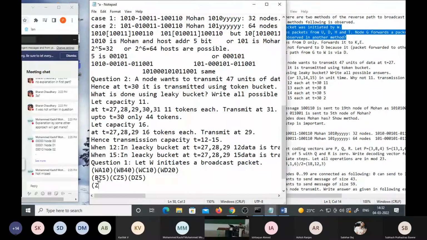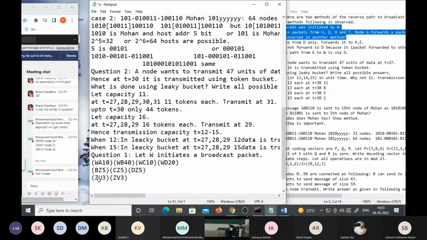Z is connected with U with 3-unit path. Z is connected with V with 3-unit path. Is it correct? B is connected with S with 3-unit path. C is connected with S.